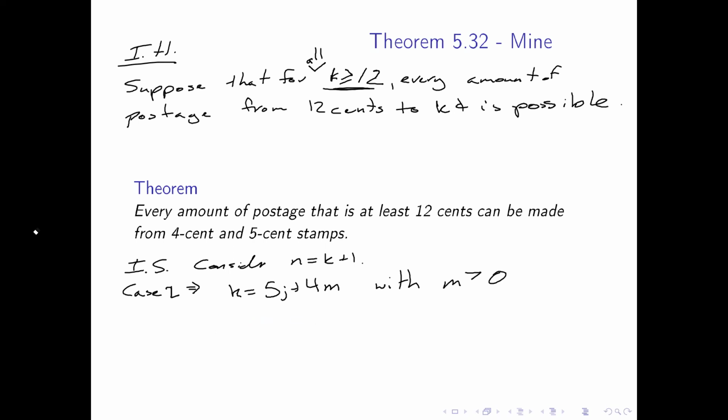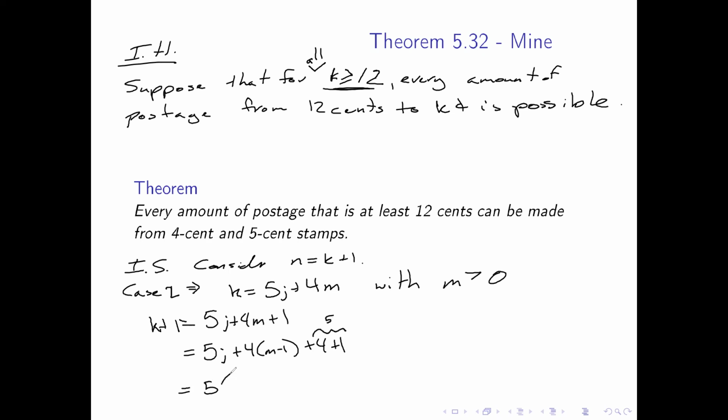I'm going to go back and look at k plus 1. So I have k, I was realizing I could write one, but k plus 1 has to be equal to this 5j plus 4m plus 1, which is equal to 5j plus 4 times m minus 1 plus 4 plus 1, which is going to be simply 5.